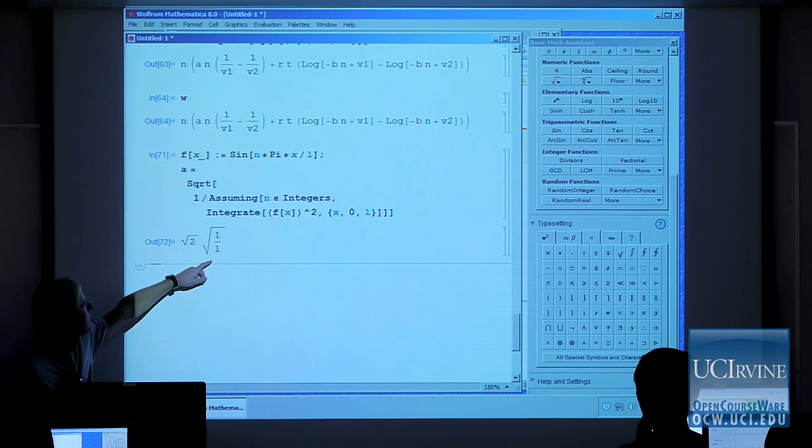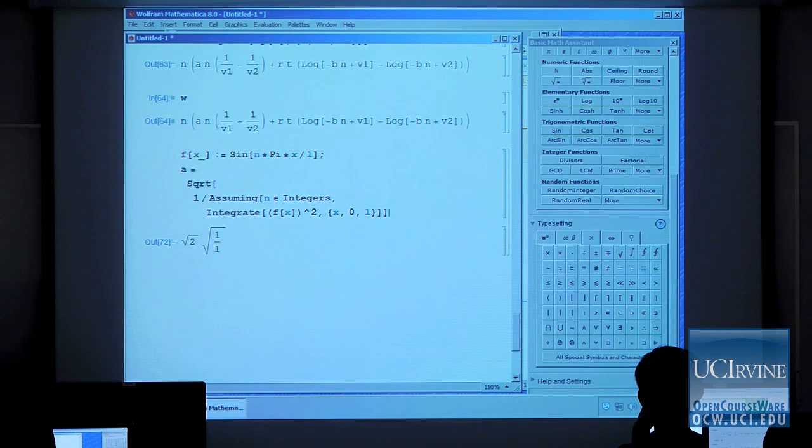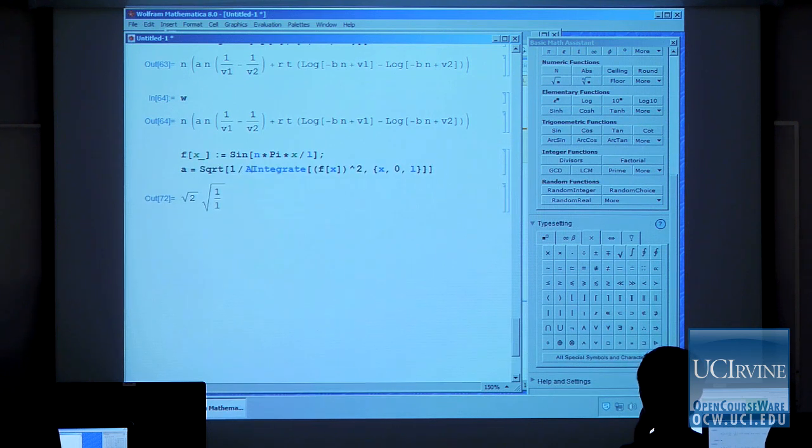Square root of 2 times the square root of 1 over L, which is the square root of 2 over L. And let's see what would have happened if we would have gotten rid of this assuming thing. So see, you get the messier expression.